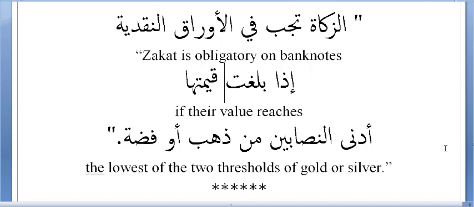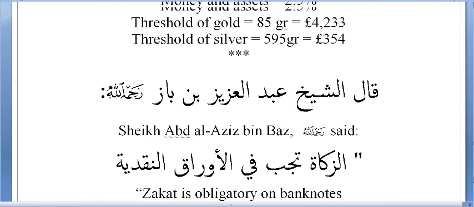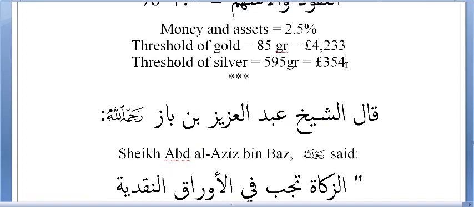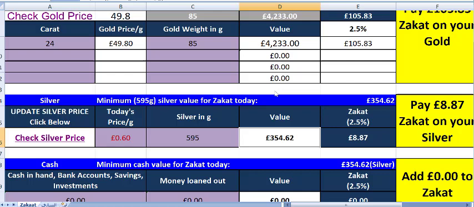So, 354, 2.5% of this. Let's put it on the screen. 354 times 0.025 is 8 pounds something.